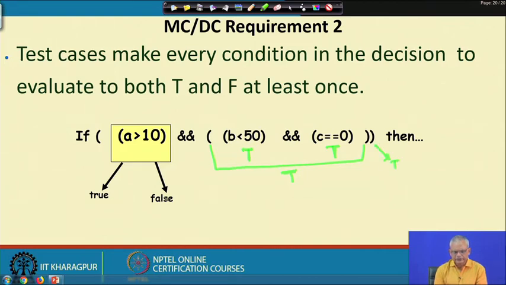If this is false, then the outcome becomes false. So, as the first expression becomes true and false, if we hold the other two to true and true, then the decision outcome toggles. Similarly, we need to do for the other two sub expressions.